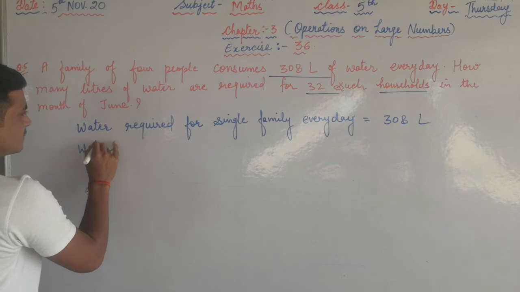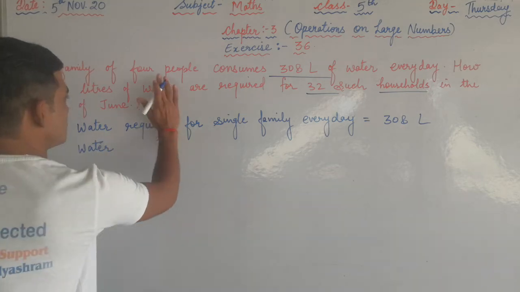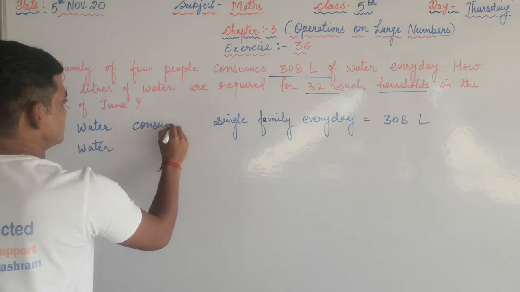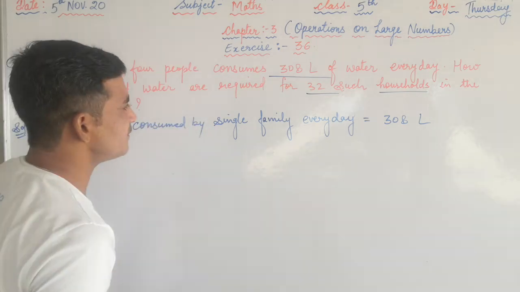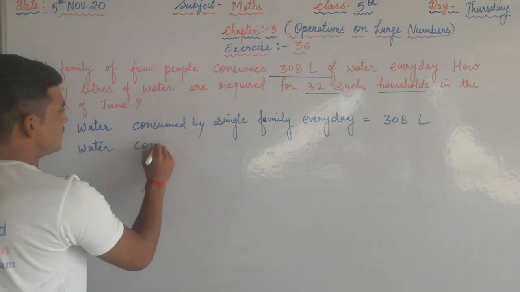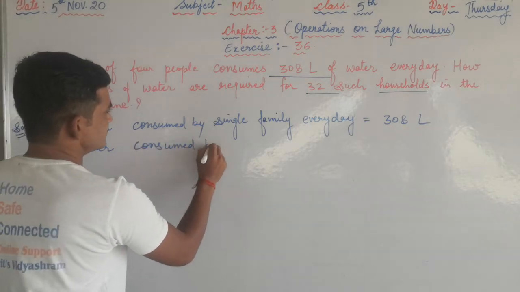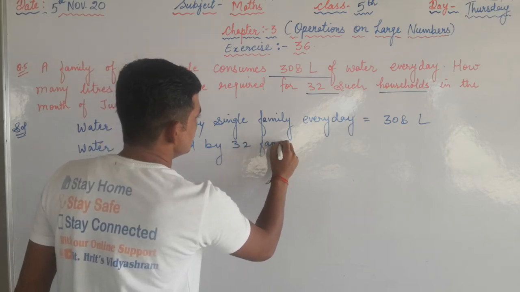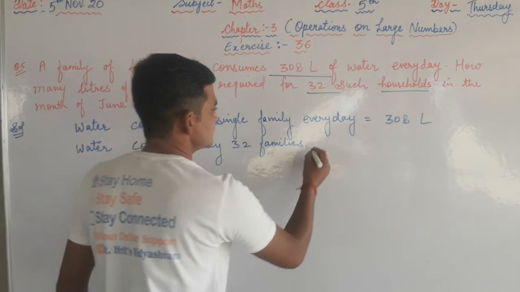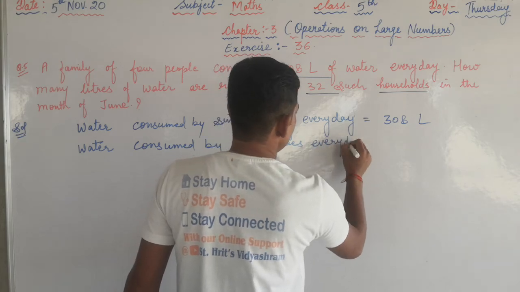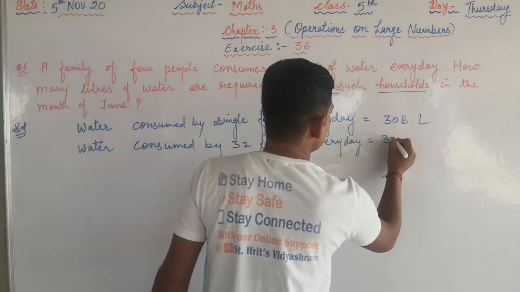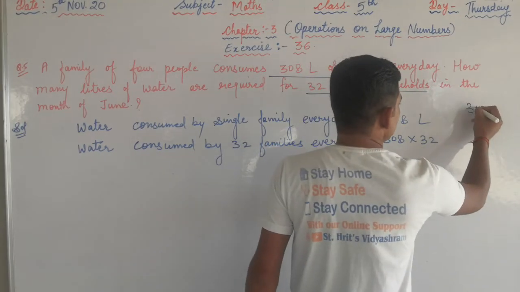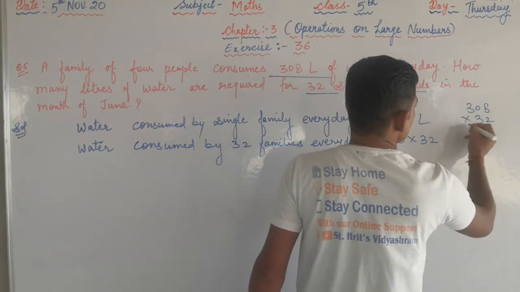Water consumed by a single family every day, and water consumed by 32 families every day equals 308 multiplied by 32. Here you have to multiply 308 by 32.